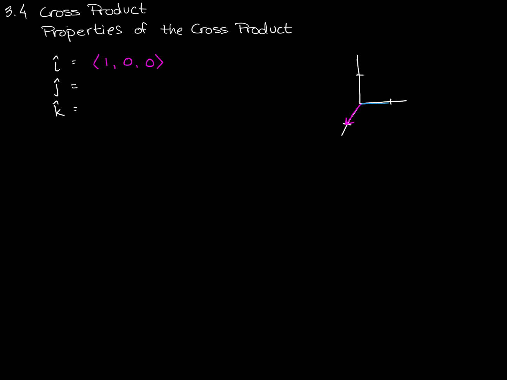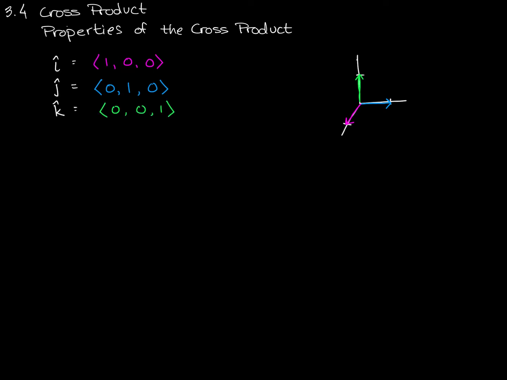In the y direction, if I do the same thing, then I haven't moved in the x direction at all: 1 in the y direction and none in the z. And the same is true for the z standard unit vector, that's 0, 0, 1.